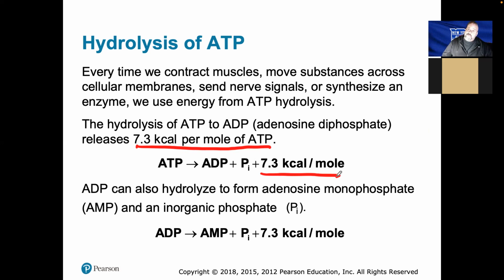If you have 36 moles of ATP, multiply that number by 36. Now, ADP can also hydrolyze to form adenosine monophosphate and phosphate. That process also releases 7.3 kilocalories per mole of ADP. So 1 mole of ADP will release 7.3 kilocalories, 2 moles, multiply that by 2, and so on.